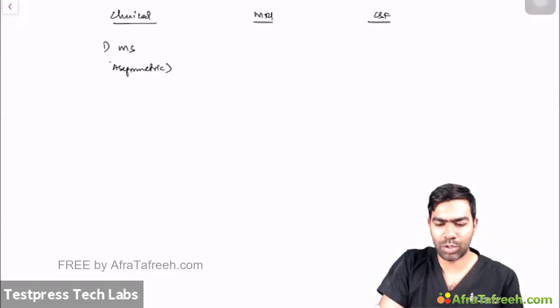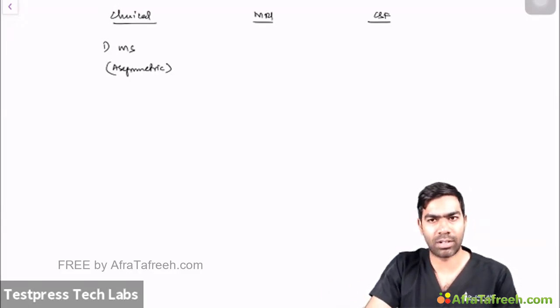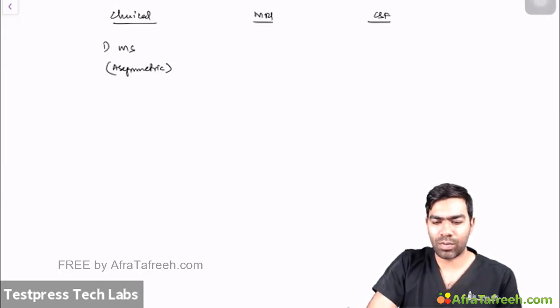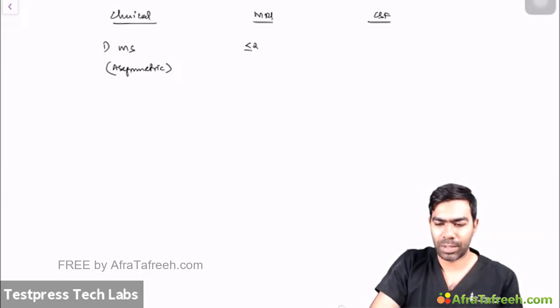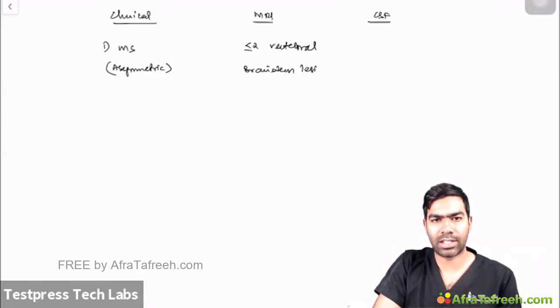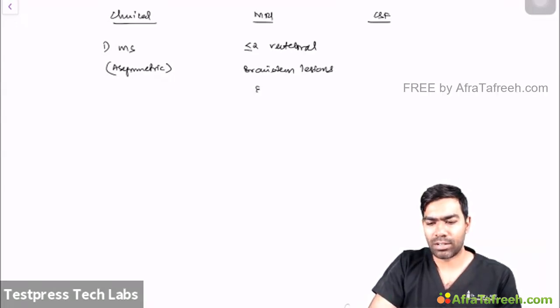The lesion distribution also will be more asymmetric clinically, and MRI will more often involve 2 or fewer vertebral segments only, which means it will be partial. More often you will have brainstem lesions on MRI, which is very classical, and you will have an enhancing lesion as well.